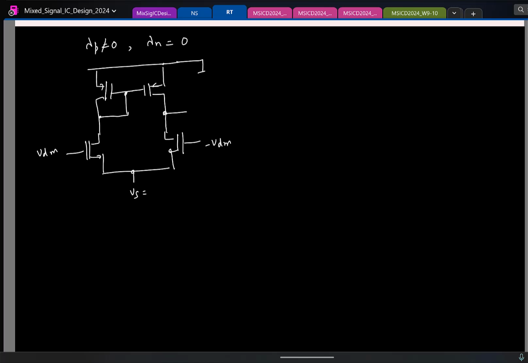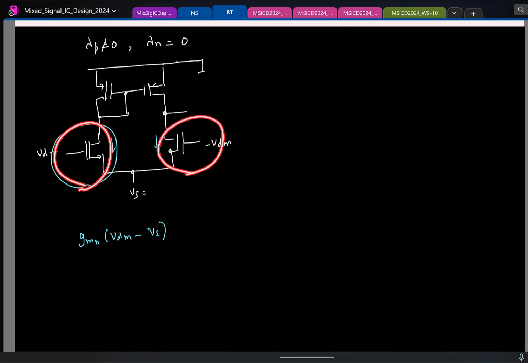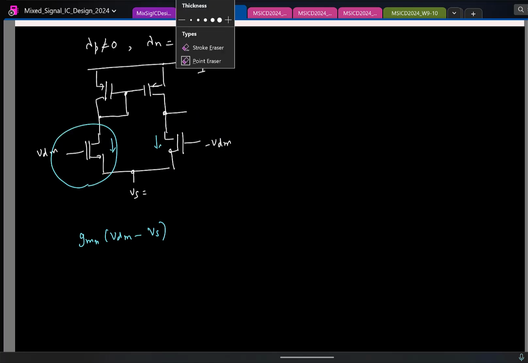So what is the small signal current flowing here? It is gm of the NMOS times VGS, which is VDM minus Vs. What is the current in this transistor? For this transistor it is gm times VGS of this transistor. For this transistor, it should be gm times VGS of that transistor, right?